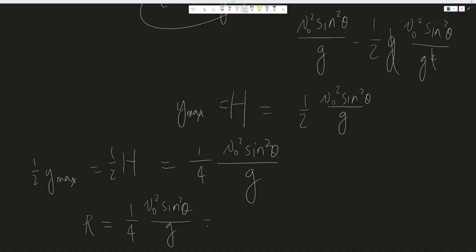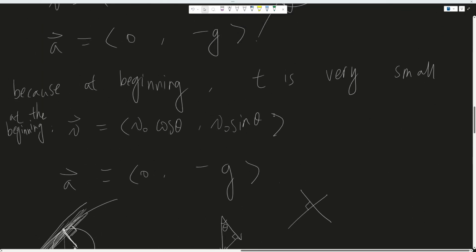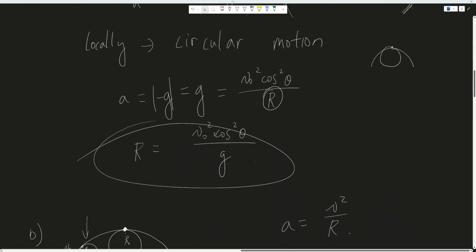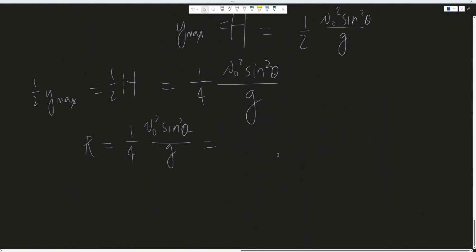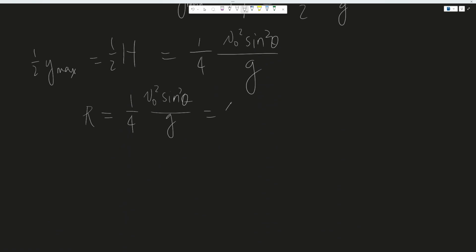It equals, from part A, V0 squared cosine squared theta over g. So now we try to solve for theta. How can we do that? Let's remember that tangent theta is just sine theta over cosine theta.